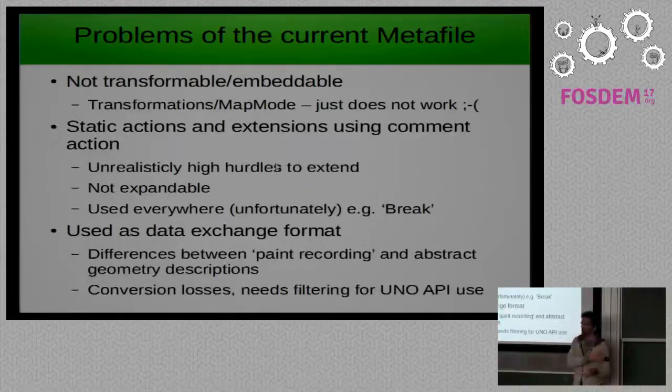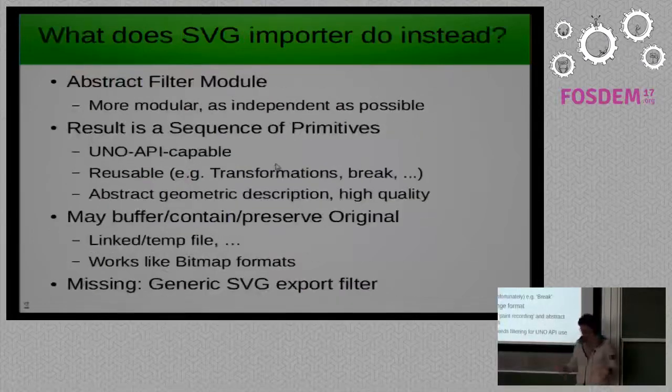This is all streamed, the metafile, and the binary data is then put as a file stream over the UNO API. And on the other side, it is decoded again. So with primitives, primitive is a UNO API object, you can just hand it over, much easier.